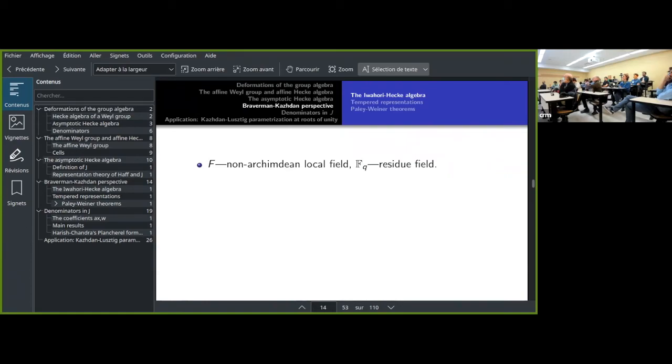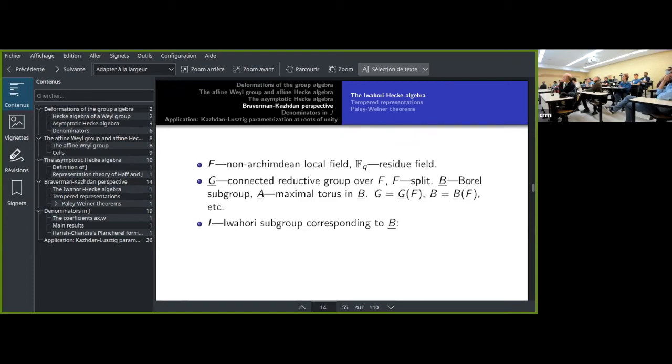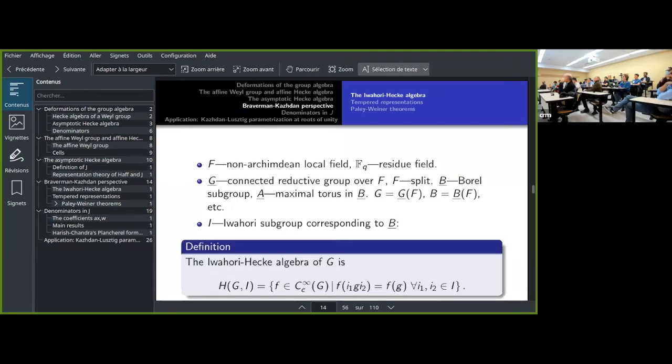If F is our p-adic field and G is connected reductive over F, and crucially F split, then if B is a Borel and A is the maximal torus in B, I is the Iwahori subgroup corresponding to B. The Iwahori-Hecke algebra is the convolution algebra of Iwahori bi-invariant functions on the p-adic group.